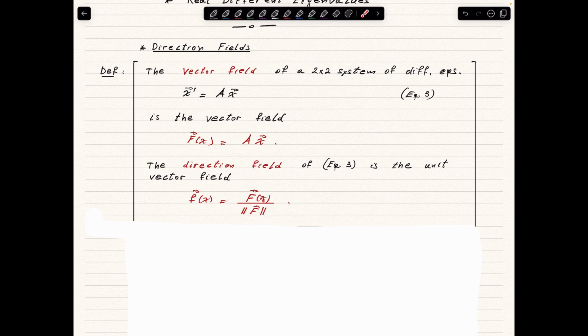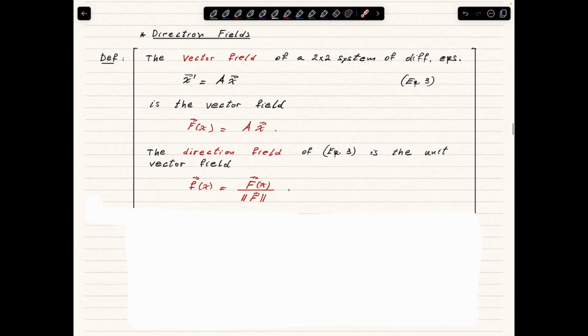So at every point we have the vector f, we divide by its own length, and we get a new vector pointing in the same direction as f, but the new vector always has length 1, a unit vector field. That is the direction field.